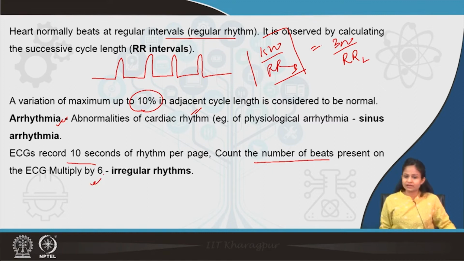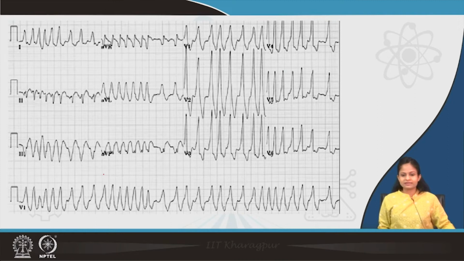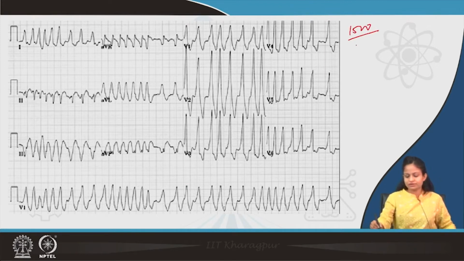For example, in this ECG the rhythm is absolutely irregular, and it is not possible to calculate heart rate by the conventional formula of 1500 by RR. So, here we go for the 10 second ECG rule.